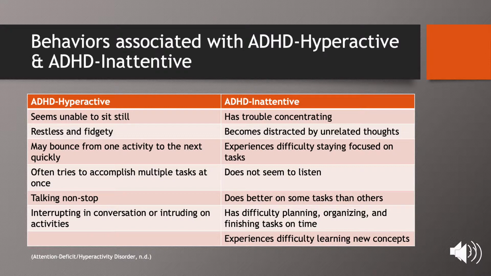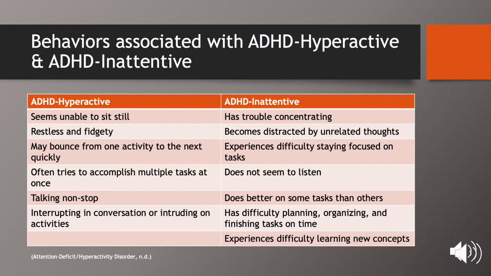They often try to accomplish multiple tasks at one time, and sometimes they talk nonstop. There aren't breaks, they just have continuous speech. These children also may interrupt conversations or intrude on activities. They may blurt when it is at an inappropriate time, and they may not be aware of the inappropriateness of their behavior.